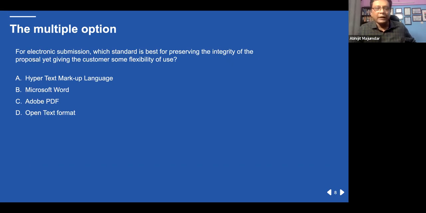Okay, so Adobe PDF, C, is the correct answer. But here all the 4 answers actually meet the requirement and are correct answers, but Adobe PDF is the best fit answer. Okay, so this is what we call the multiple option category of questions.